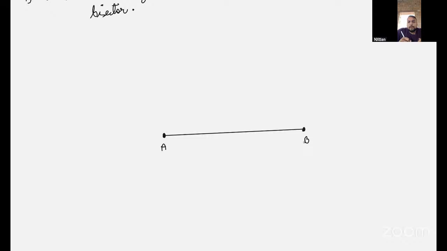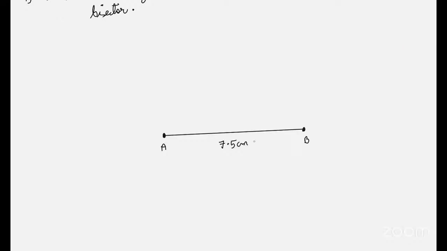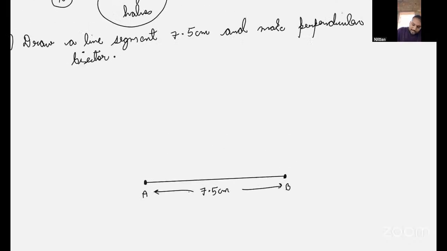Now, how will you draw this? Till here, do it. Everyone, draw a line segment AB and name it as 7.5 centimeter. So this is the rough diagram. Yes, thank you for reminding me, you have to make a rough diagram. This is AB, which is 7.5 centimeter, and this is a line such that it divides it into two equal parts.